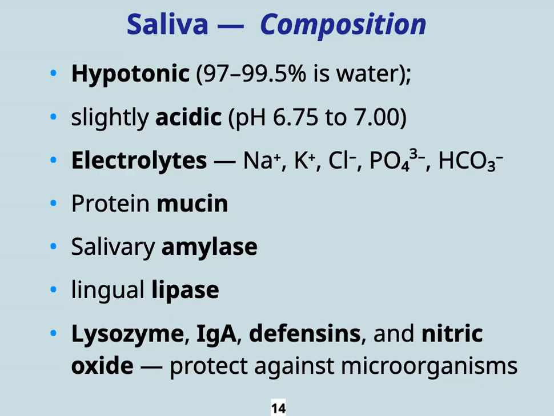It actually has an antibacterial effect that is not often discussed. And finally, we have the salivary amylase that we just discussed. There's also lingual lipase for initiating the breakdown of lipids. Finally, we have a multitude of other things like lysozyme, immunoglobulin A, IgA, defensins, and nitric oxide, which all help to protect our body against microorganisms that are ingested along with the food.